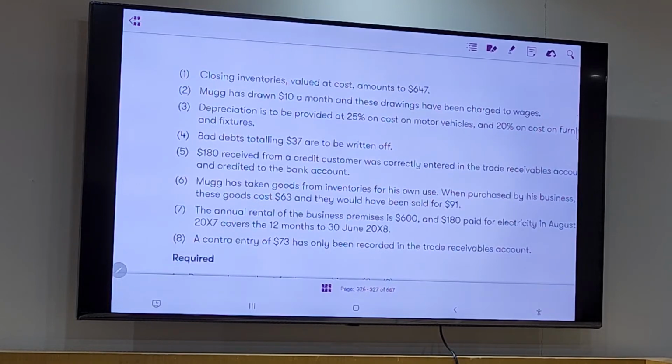No chance to be salary. It is personal money of the owner. So when owner is taking money, and if you treat that as salary, what will happen to the salary expense? Will it increase or decrease? Salary expense will increase. If the salary expense increases, what will happen to the profit? Decrease. Is it correct or wrong? Correct.